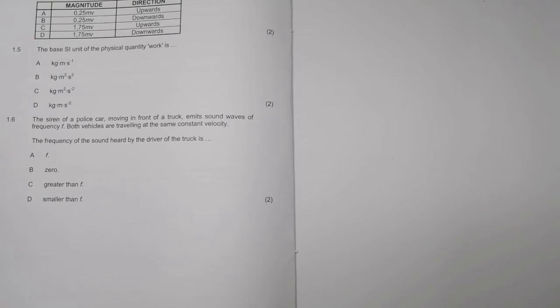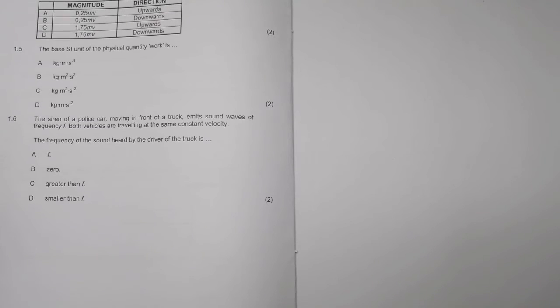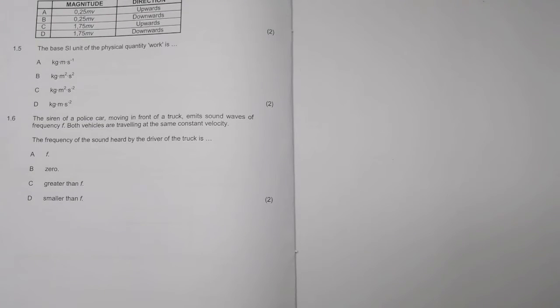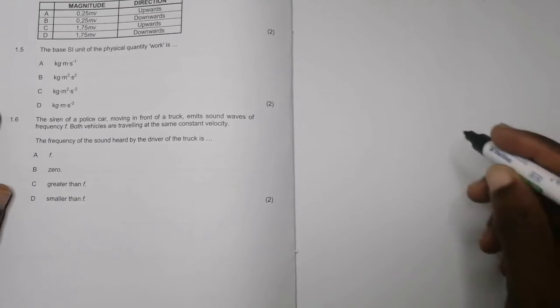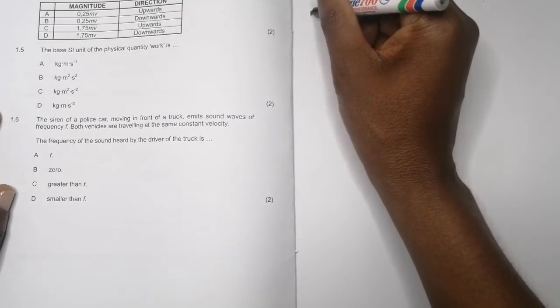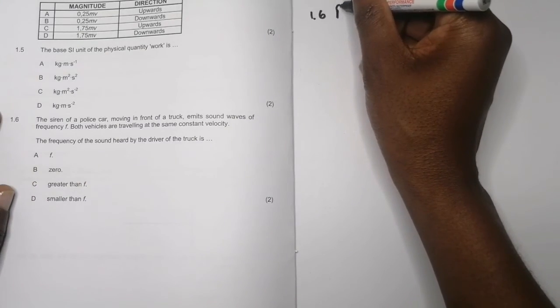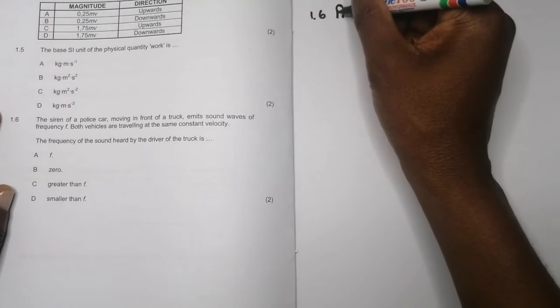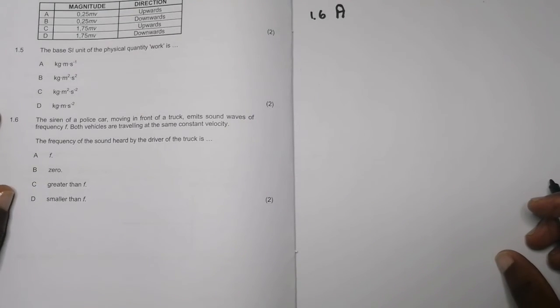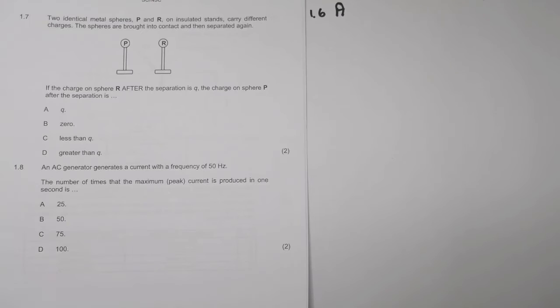So I would say that the frequency perceived by the listener, in this case heard by the driver of the truck, should actually be the same as the frequency perceived by the police car. So what would be our answer? For 1.6, I would simply go with A as my option. Almost wrote F there. All right, as we keep moving along.